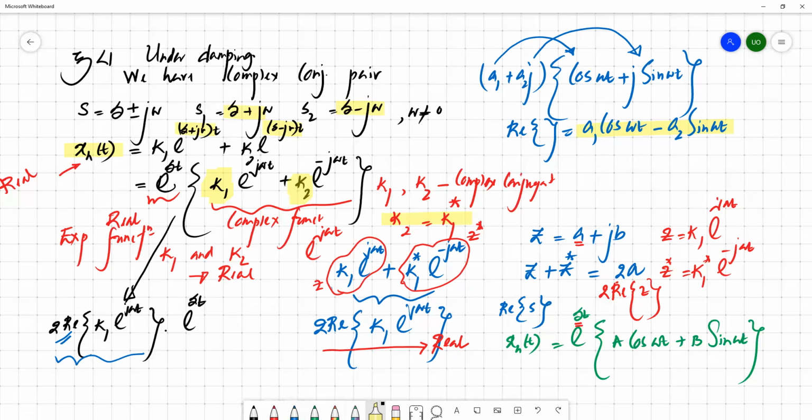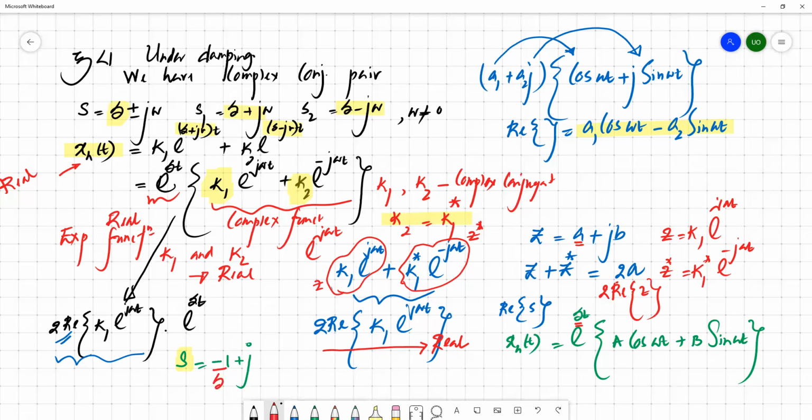For example, if you end up with a root s equals -1 plus j, what about the real component? This is -1, this is sigma. So here it becomes e to the power minus t, just substituting sigma.